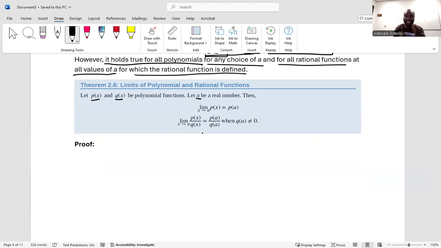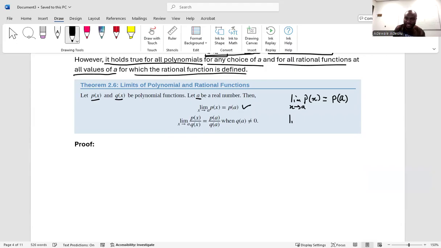Then we want to make a claim that when we take the limit of a polynomial function as x goes to a, we claim that it is as if we are evaluating that polynomial function at the limiting point, which is a. So that is this part.